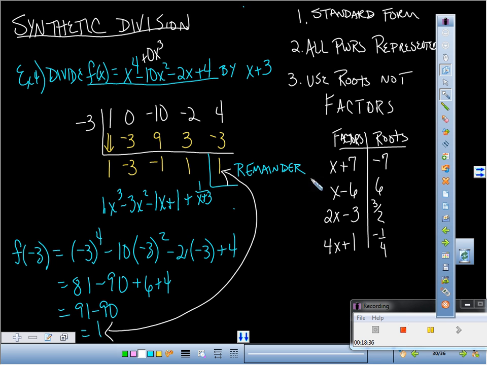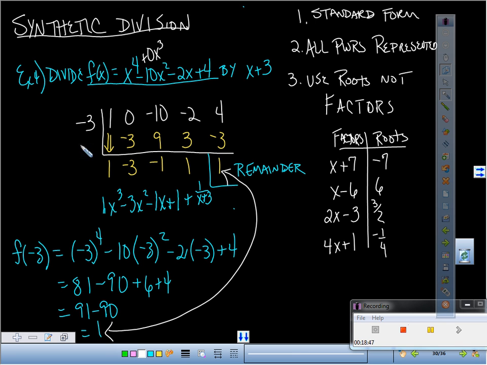Now what about this? Listen, listen. What if Cain called this negative 3 a root? What's another word for a root? A solution, a zero, a root, solution, zero, x-intercept, answer.